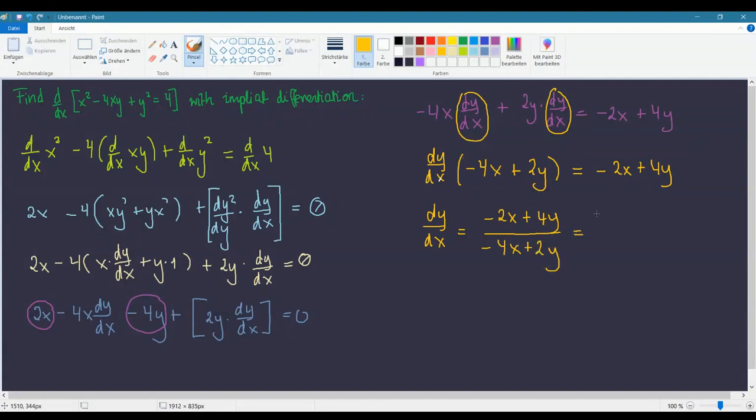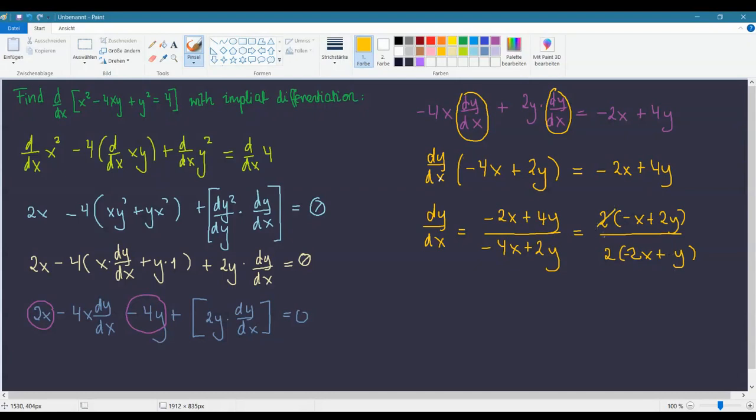We can factor out the 2. And in fact, we can factor out the negative. But I'm not going to do that now. And first I'm going to just factor out the 2. So I'm going to have 2 times negative x plus 2y over 2 times negative 2x plus y.